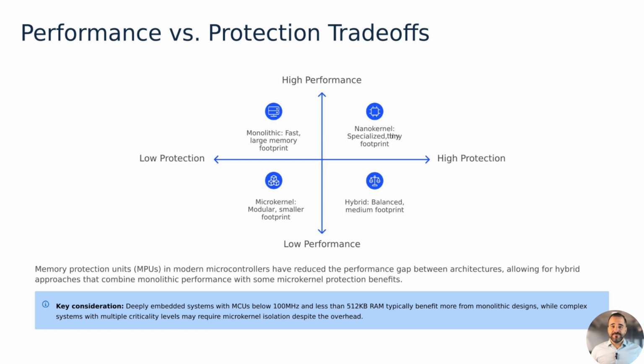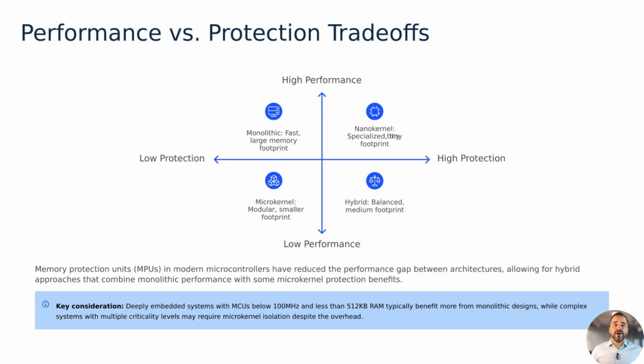To bridge the gap, many RTOS platforms now adopt hybrid kernel architectures. These combine a fast monolithic core for scheduling and interrupt handling, with user space services isolated like a microkernel. Some even use modern MPUs to implement memory protection in monolithic environments, offering improved safety without full architectural separation.